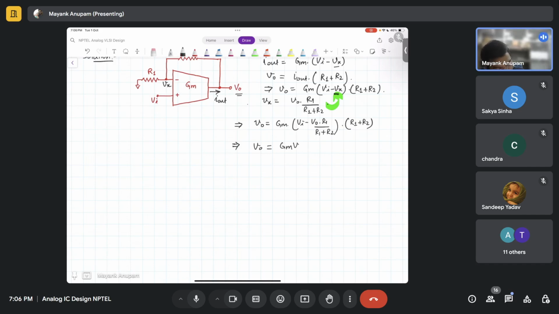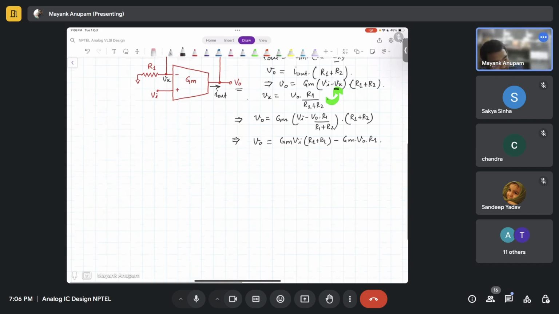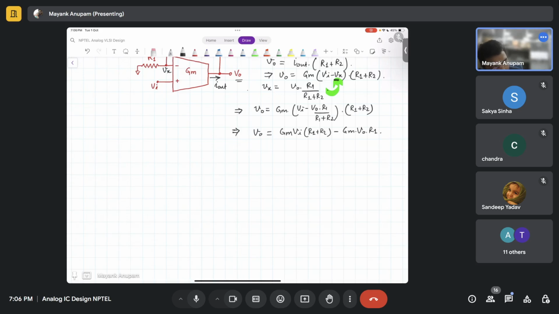Let's split it: Gm times Vi times R1 plus R2 minus Gm times V0 times R1. Alright. Good.